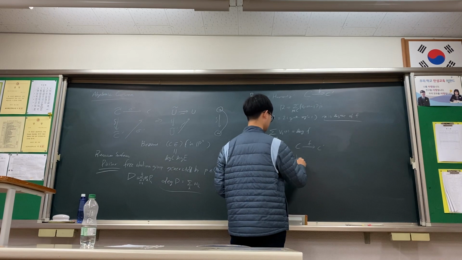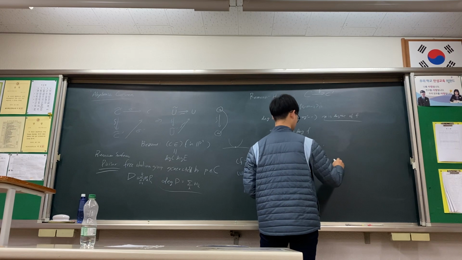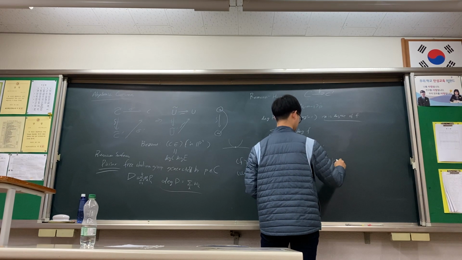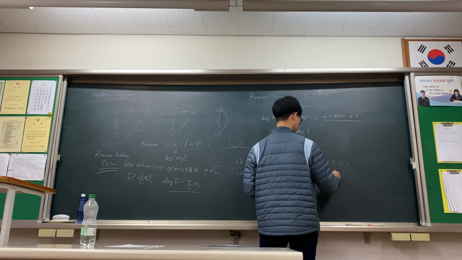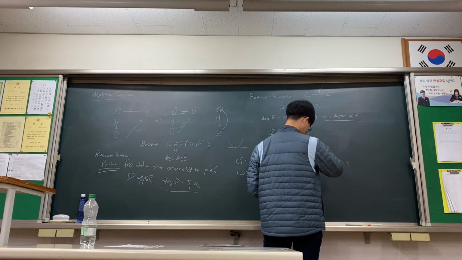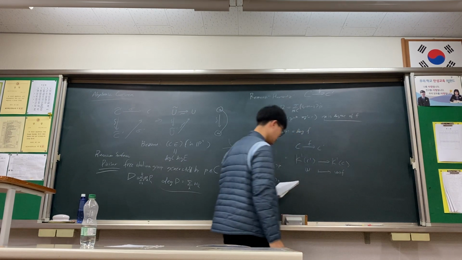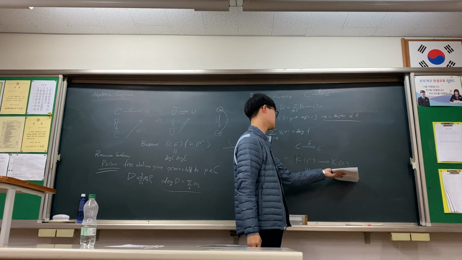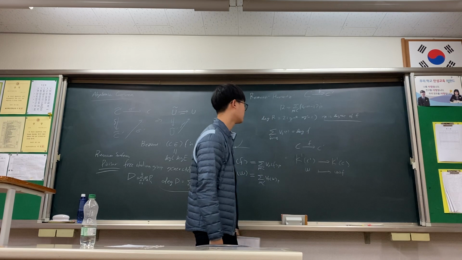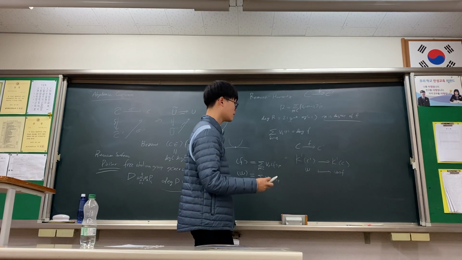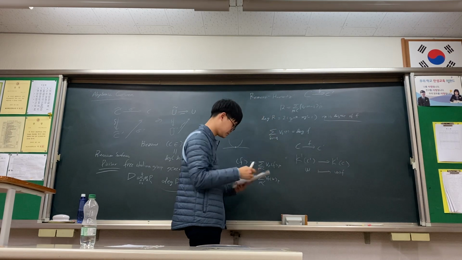Suppose you have a meromorphic differential omega on C prime to K C. First you need to check that this is indeed a meromorphic differential, and that can be done by checking the chain rule.